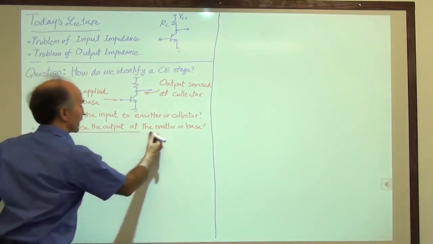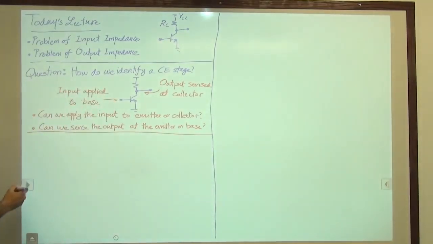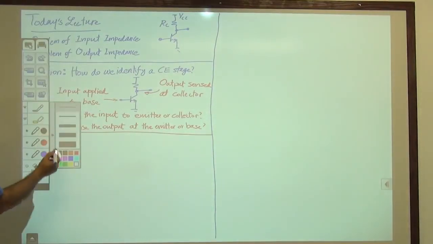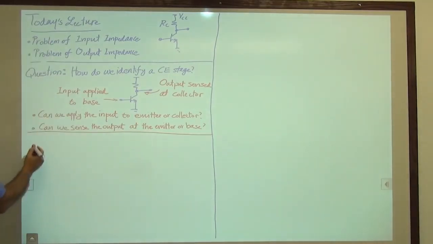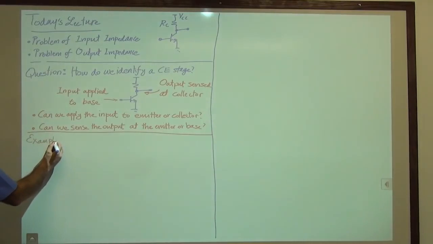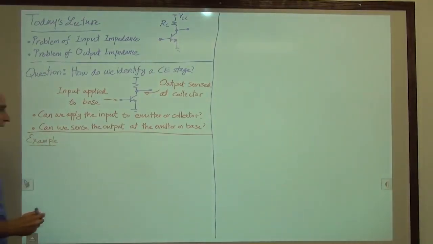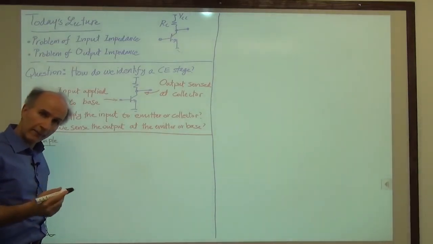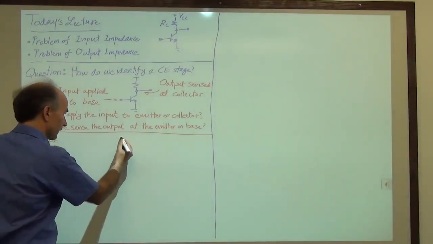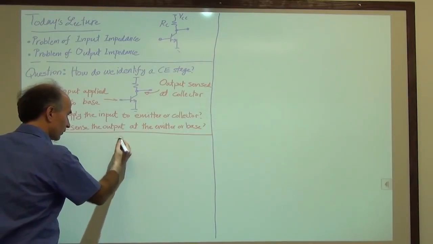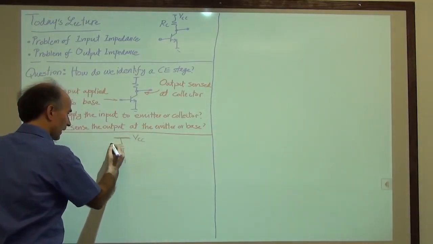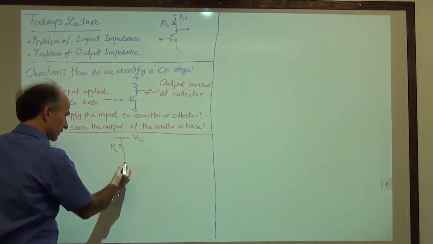All right, we are now ready to go to our example. So let's change the color of our pen and look at this example. All right, so we have built this amplifier a number of times, and now we are sort of happy with it. Here's the amplifier. We have a resistor going to a battery up here, which we call VCC, and has a resistor RC.